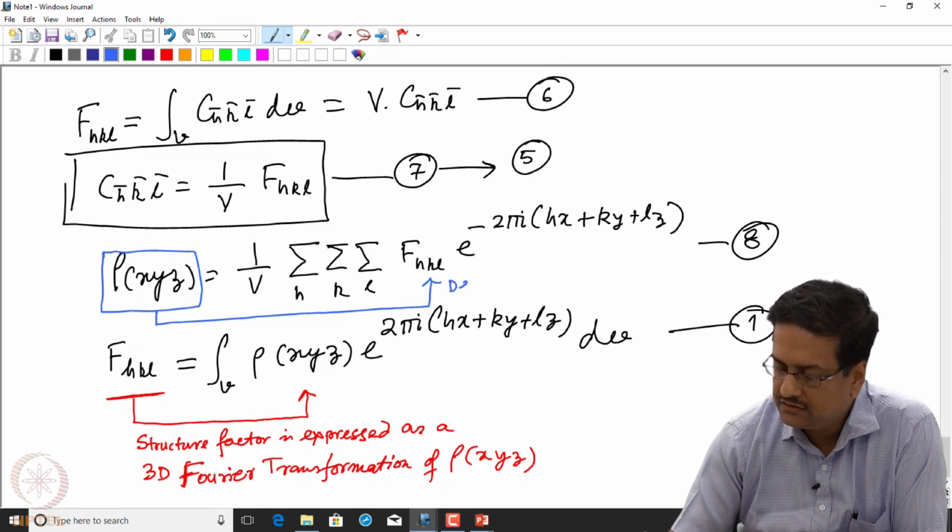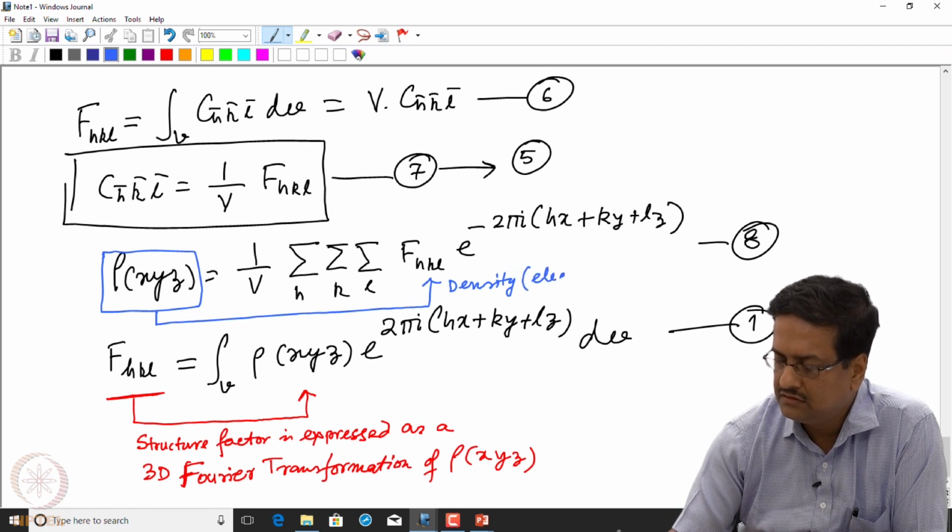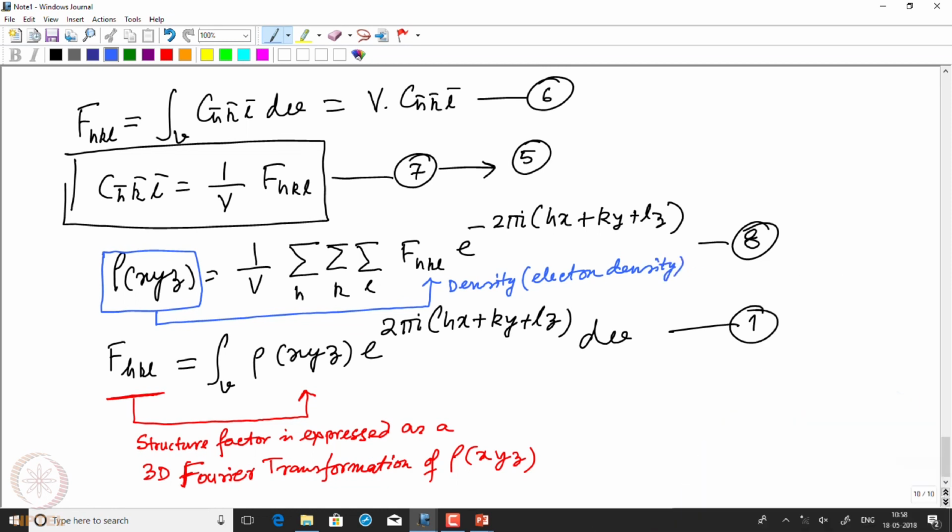Here the density, that is the electron density, is expressed as a Fourier transformation of structure factor F(HKL).